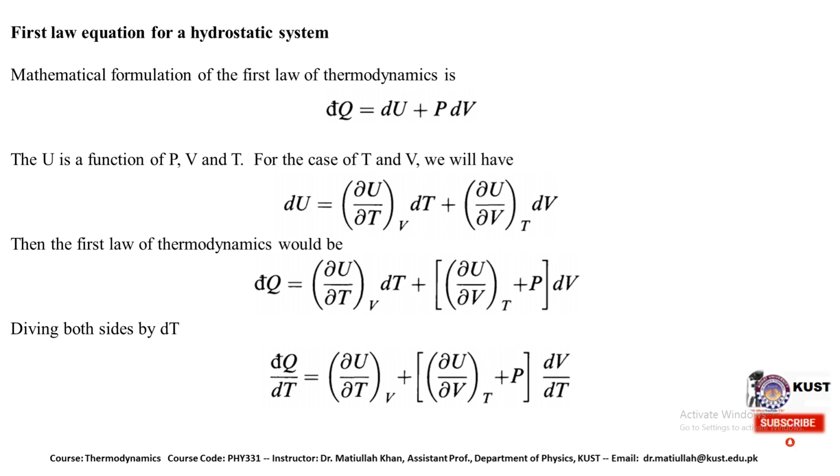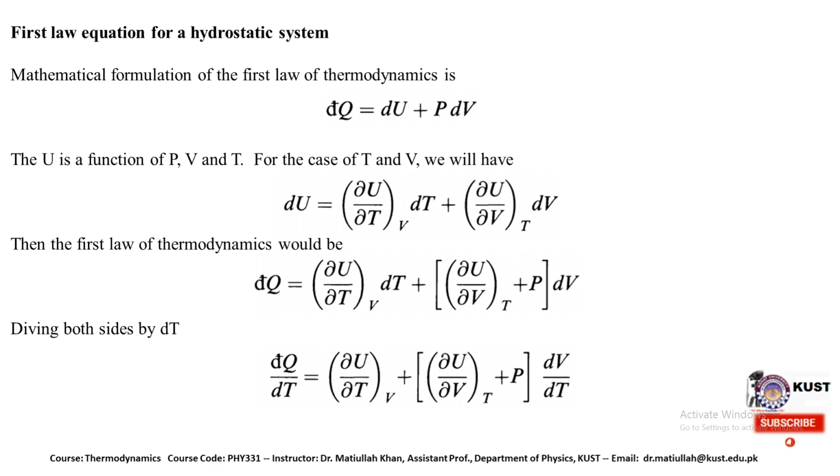We need to put this value of dU in the above equation, dq = dU + pdV. So the equation is modified to dq = (∂U/∂T) at constant volume dT plus [(∂U/∂V) at constant temperature plus p] dV.